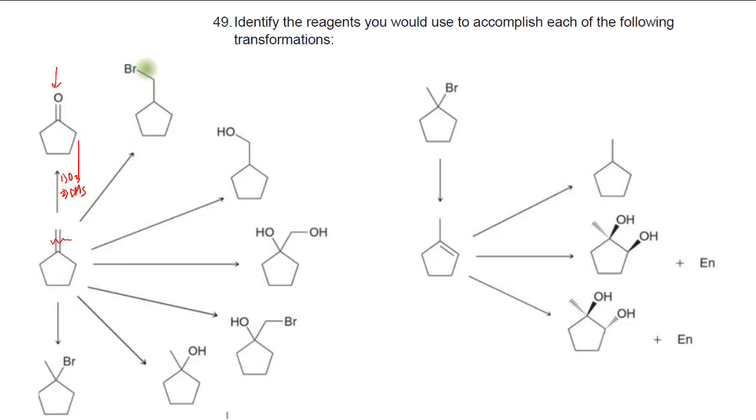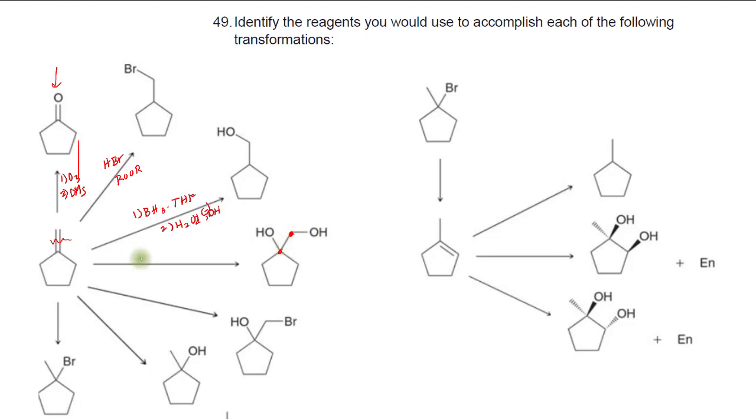To add a Br to the less substituted position, this is HBr with peroxide. If we want to add an OH there, that's BH3, THF. In this one, we're adding 2 alcohols to this carbon and this one.